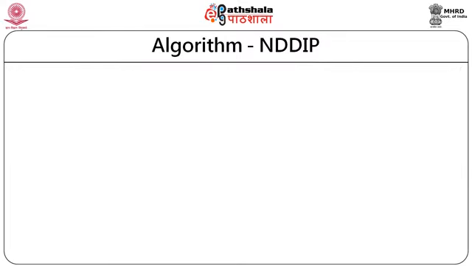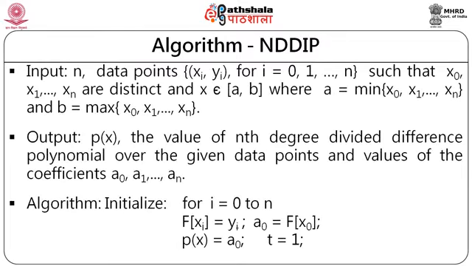If you look at the algorithm, our normal style of presentation is we talk about what is the input to the algorithm, what will be the output, and what is the iterative procedure that follows. So, input to the algorithm: we have to give n, the degree of the interpolating polynomial, or the n involved in the n plus 1 data points.